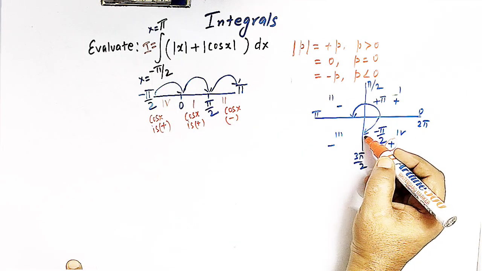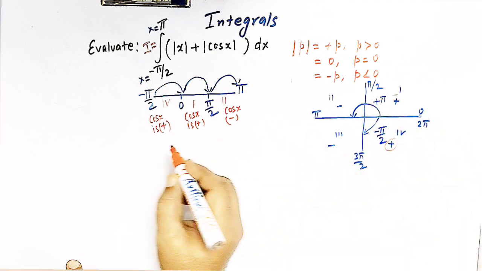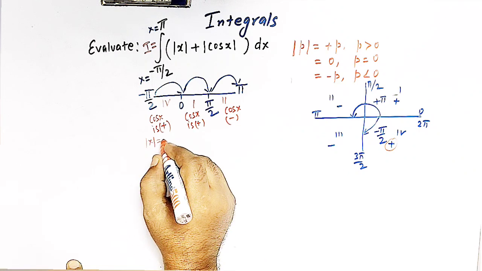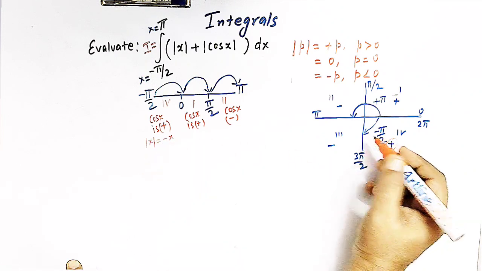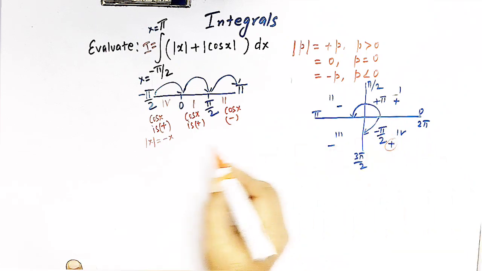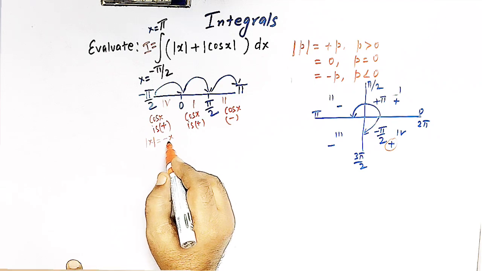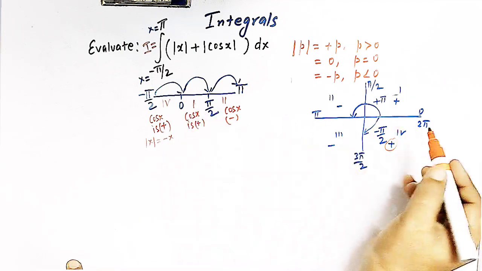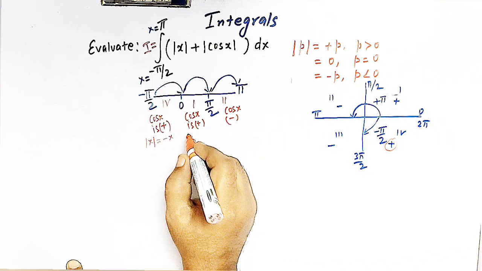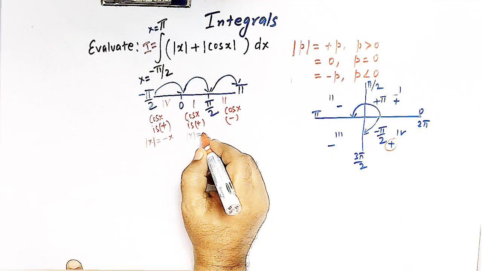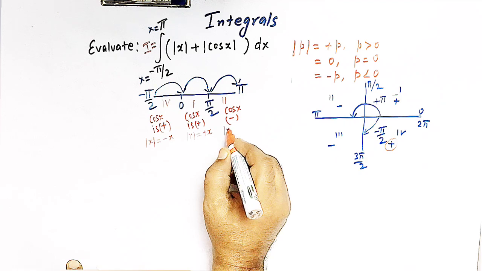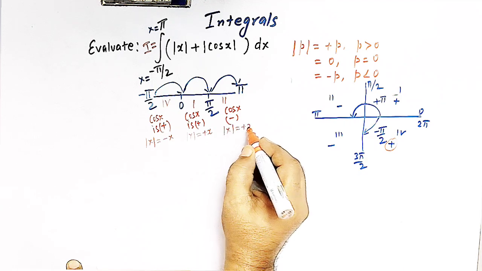When we go from minus pi by 2 to 0, mod of x is equal to negative x, because all the angles which fall in the fourth quadrant are negative. When we go from 0 to pi by 2, all the angles are positive, so mod of x is positive x. In the second quadrant also, mod of x is positive x.